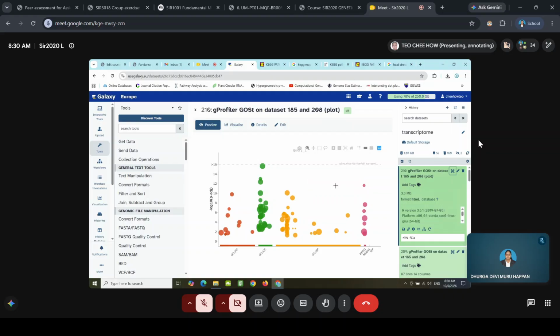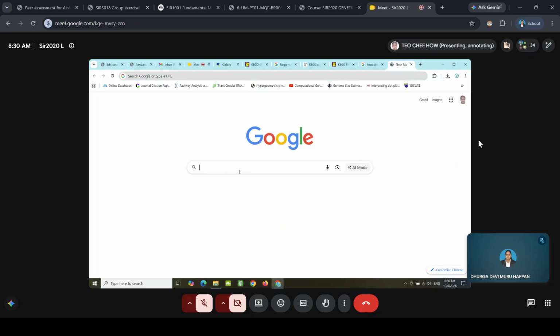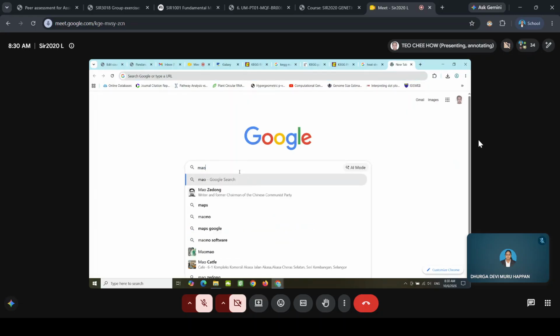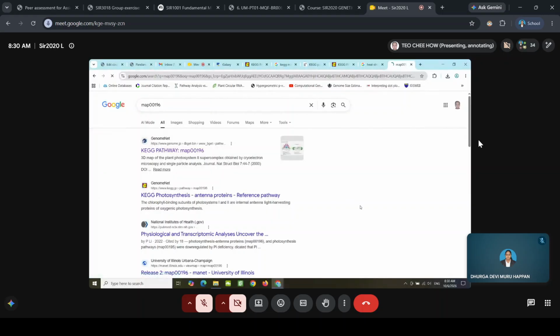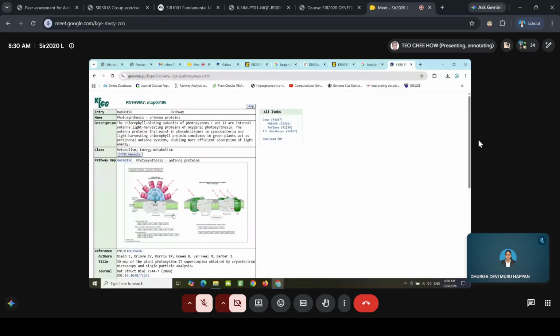Okay, for example, now we know that in here it is KEGG 00196, right? So this one is involved in photosynthesis antenna protein. So in Google, you just type the map 00196, then you will be able to get the map information.